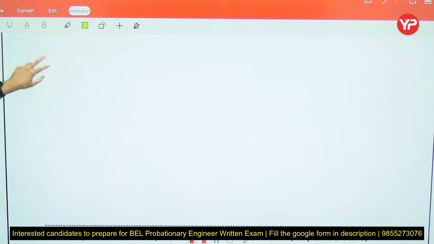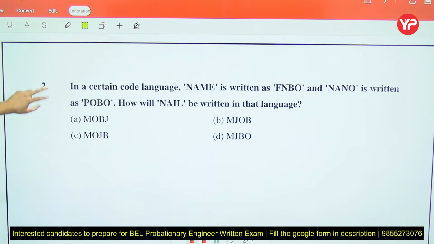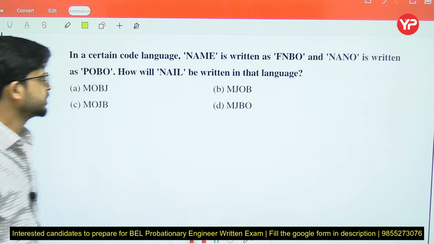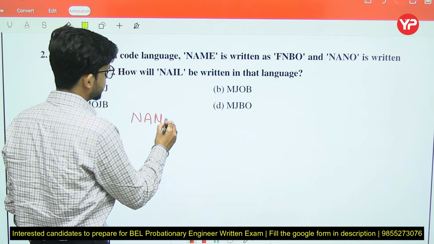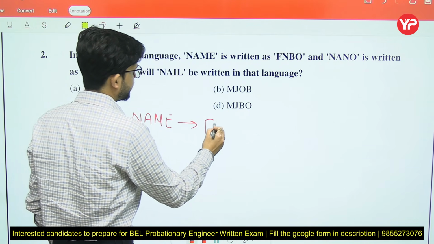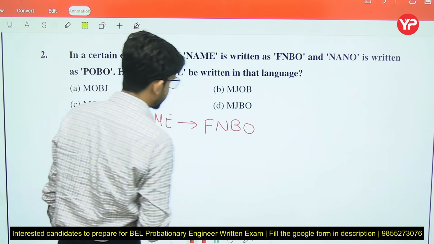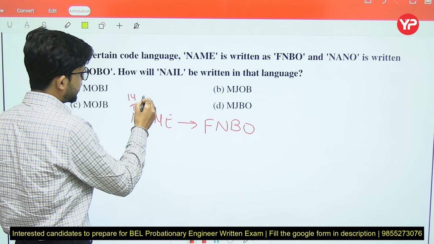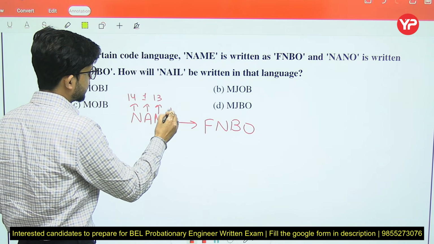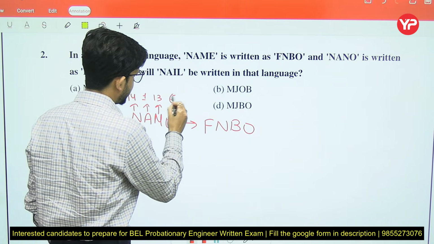Okay, next question. The next question is from coding decoding. It says that the name is written as FNBO. So we know that the numbering is: N is 14, A is first, M is 13, E is 5.